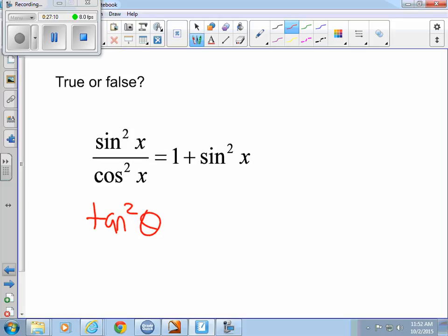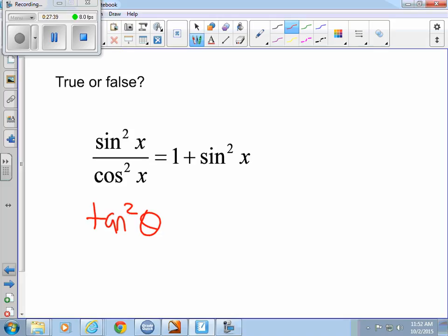What does tangent squared equal? Secant squared minus 1. So is there any reason to think that tangent squared would equal 1 minus sine squared, or 1 plus sine squared? No, you could say that sine squared is 1 minus cosine squared, right? But then you just get 2 minus cosine squared, which doesn't get you anywhere.